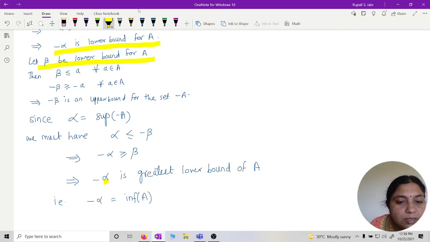So minus alpha is nothing but the GLB of A, that is the infimum of A.